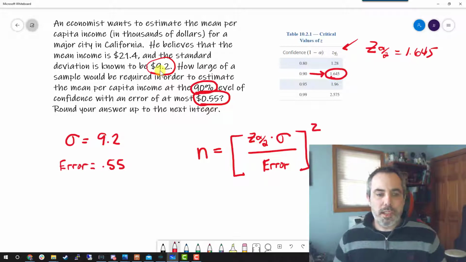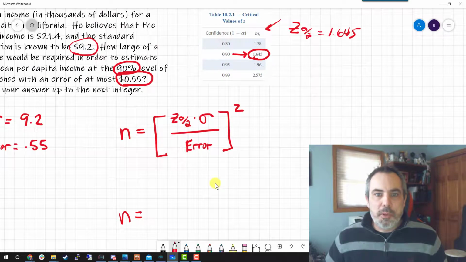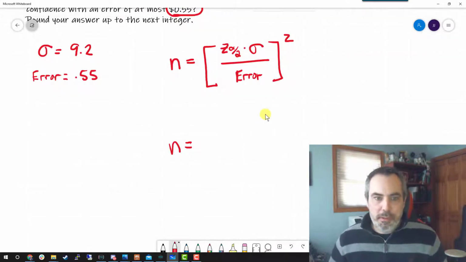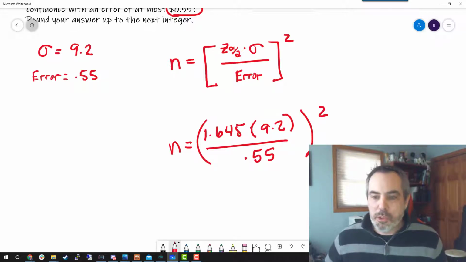So in this case, n is equal to 1.645, that's the critical value, times the standard deviation of 9.2 divided by the error of 0.55, and I am going to square all of this. So let me crunch those numbers in a calculator here.